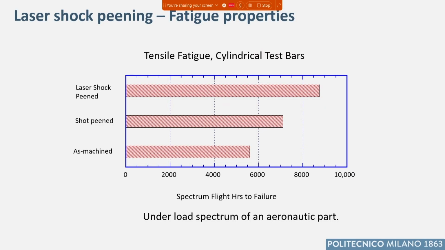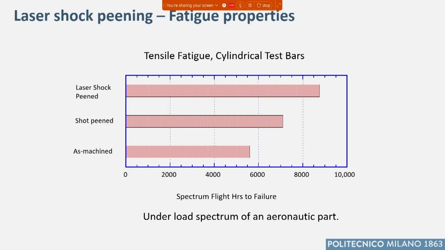This is indeed the qualitative result of the fatigue test conducted on an aeronautical part, with tensile, so axial, fatigue on a cylindrical test bar. The results are referred in terms of spectrum flight hours to failure, and we see here the improvement induced by shot peening and even more by laser shot peening.